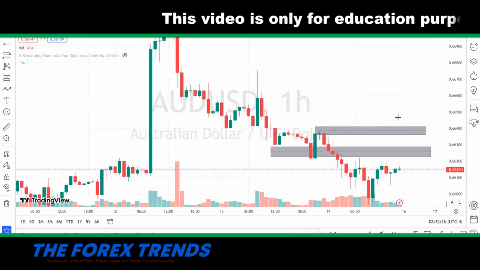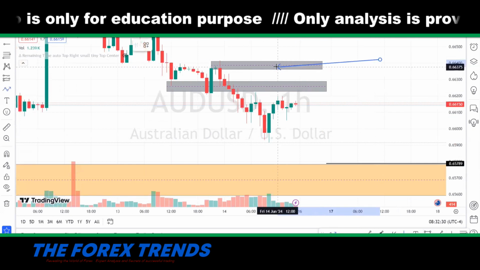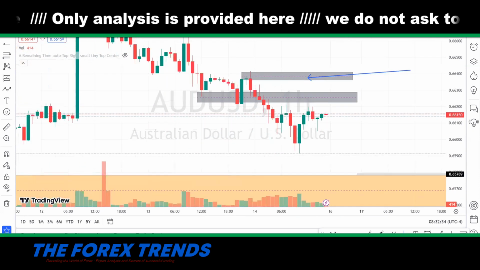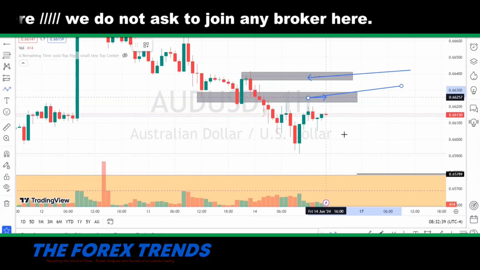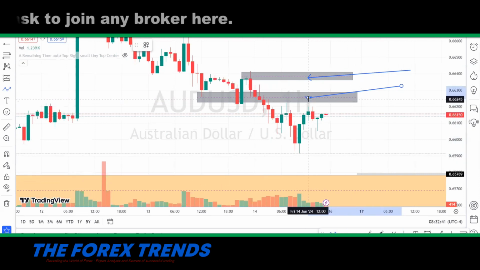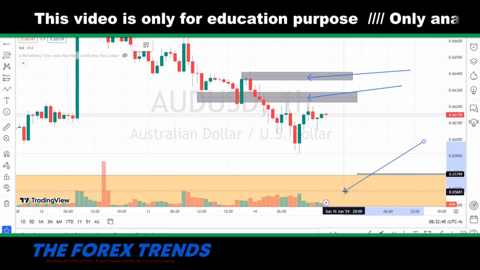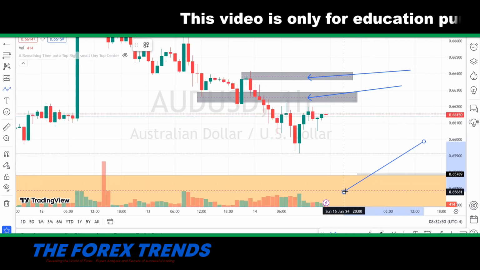So what is our trade plan for FDUSD? This is our first sell position, and this is our second sell position, and the price is 0.6625 zone, and this is our third setup for buy, and the price is 0.6570.